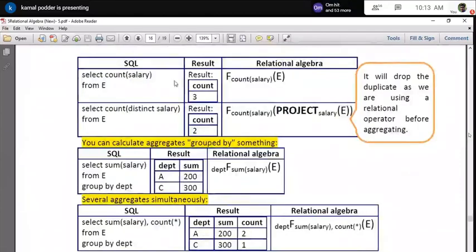In SQL this is represented as count distinct salary. If you have that requirement, you can use distinct salary. In relational algebra there is no distinct clause, because the inherent property of relational algebra is distinct; it automatically drops duplicates. For that, you first apply a project operation on E to drop the duplicates and then count.